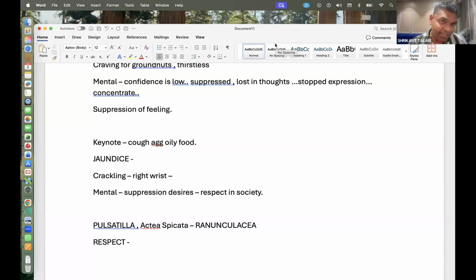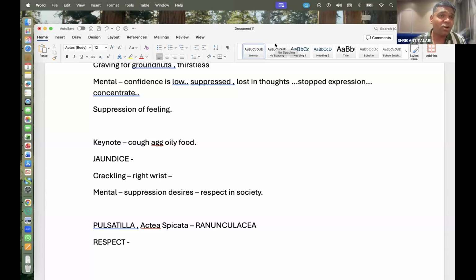So I saw Actaea spicata covers the mental symptoms, and covers the deepest genetic miasmatic symptoms. So I gave Actaea spicata, patient is doing wonderfully well. Most important thing in the follow-up, what patient says is, my cough is better, but interestingly, doctor, my digestion also has improved. It has to improve.